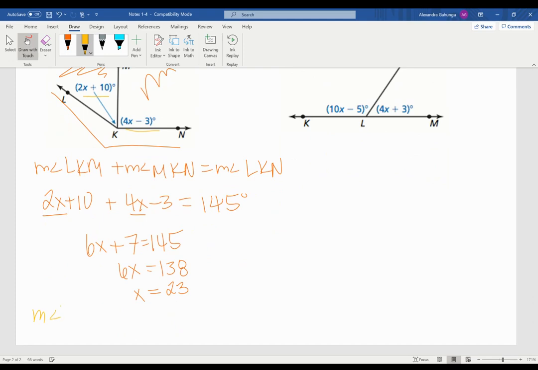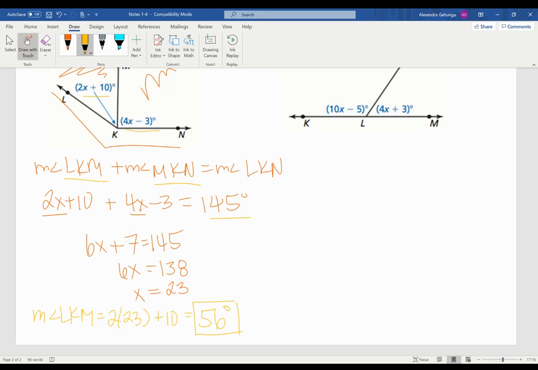So the measure of LKM is going to be 2 times x plus 10. And so I'm going to get 46 plus 10, 56 degrees. And I actually want to do a bit of a shortcut because these two angles, LKM and MKN, add up to 145.